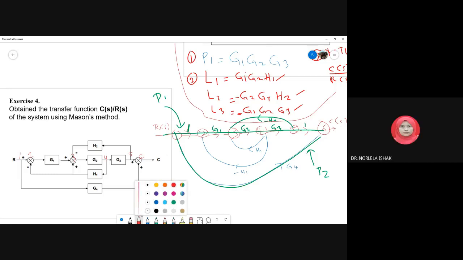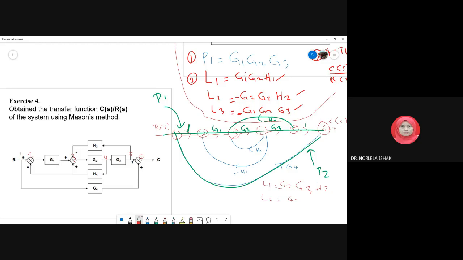3 loop gain. Meaning yang mana? Apa dia loop gain? G2, G3, H2 kan? Negative H2, minus. Okay, lepas tu lagi? G2, H1.